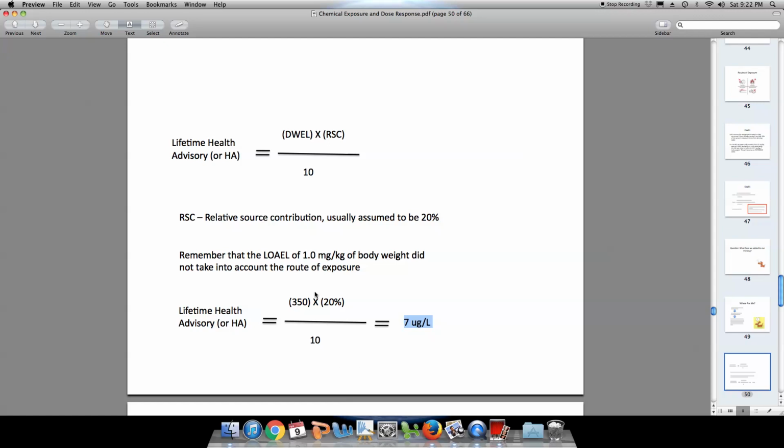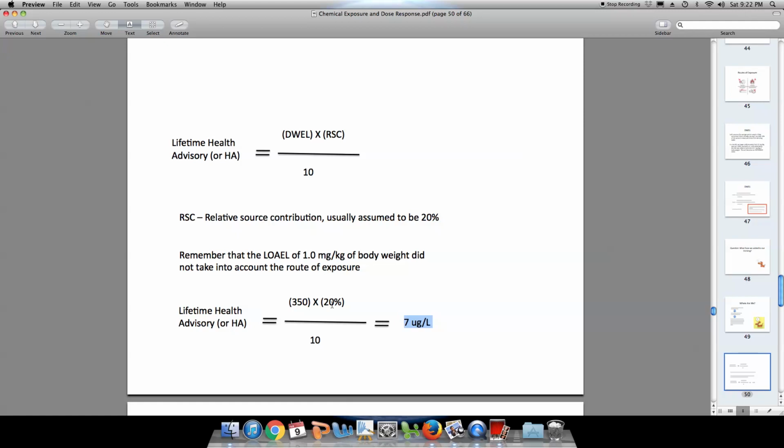350 micrograms per liter times only 20% of our exposure to this chemical will come from drinking water. Again, that's an assumption we can make. We can have 100% of our exposure coming from drinking water, or we can have 50% from drinking water and 50% from food, or we can have 20% from drinking water and 80% from skin contact.